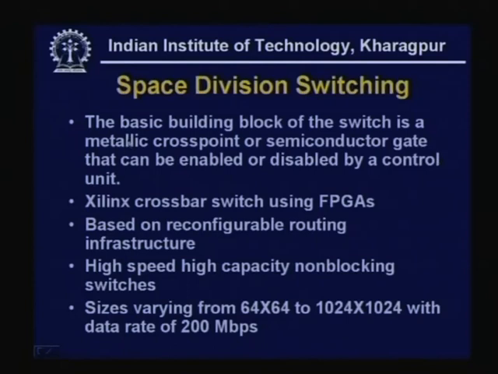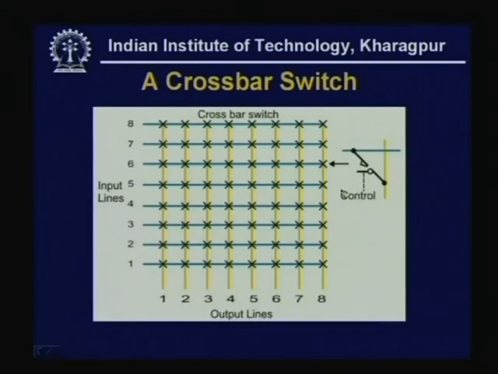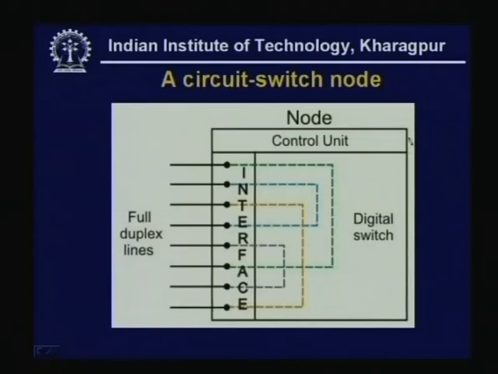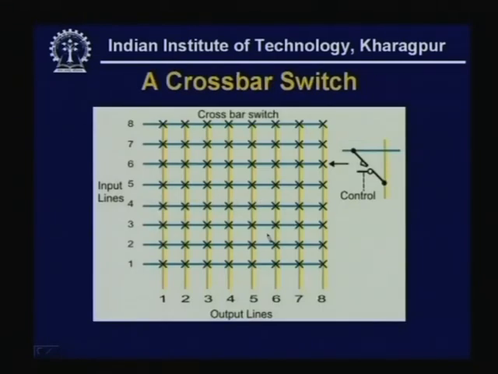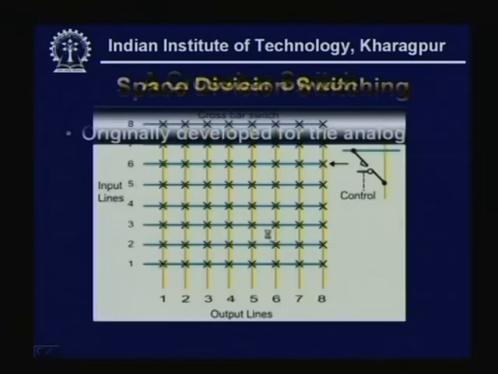As I mentioned, the basic building block of the switch is a metallic cross point or semiconductor gate that can be enabled or disabled by a control unit. That means the control unit performs the function. As I have shown earlier, there is a control unit. This control unit is controlling the digital switch, and the digital switch in case of space division switching is this crossbar.